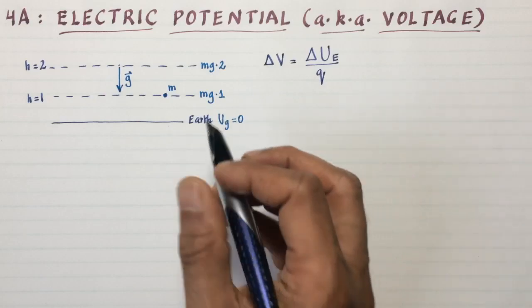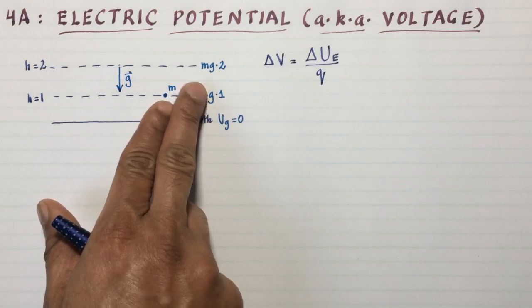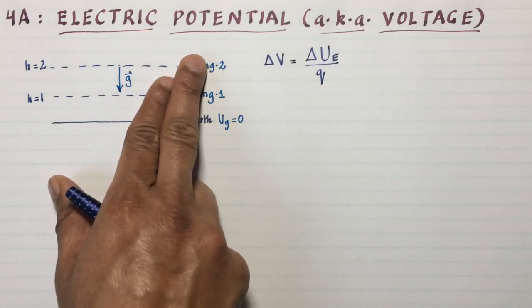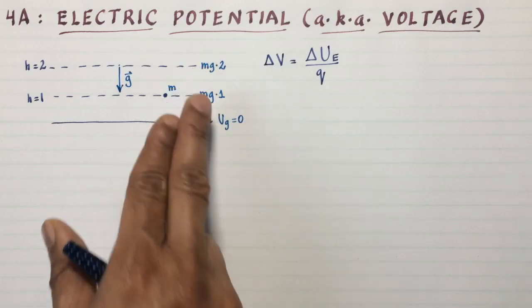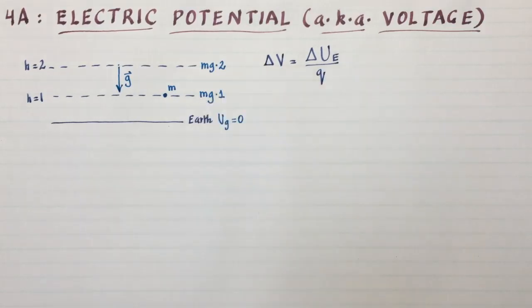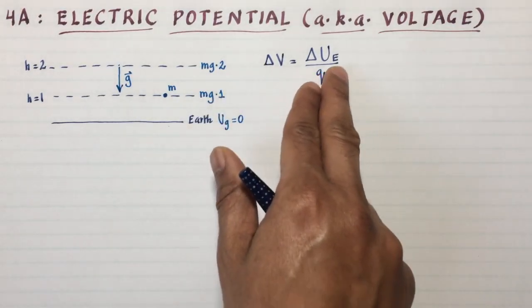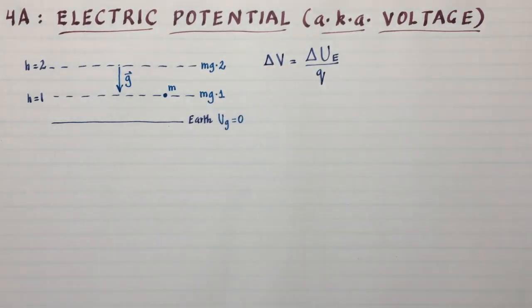So it's as though this level has a potential of g times 1, that level has a potential of g times 2, and when you introduce a mass, the potential energy can be found by simply multiplying the potential by the mass. Here, to find the electrical potential energy, you would multiply the electrical potential difference by the charge.